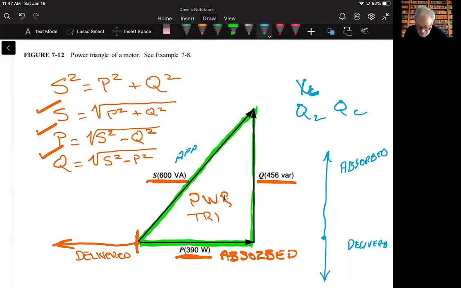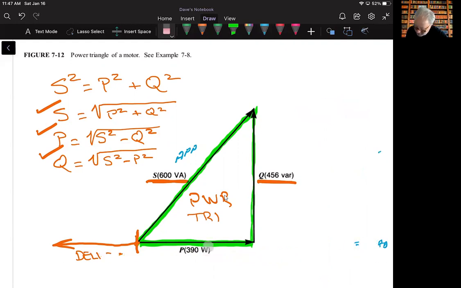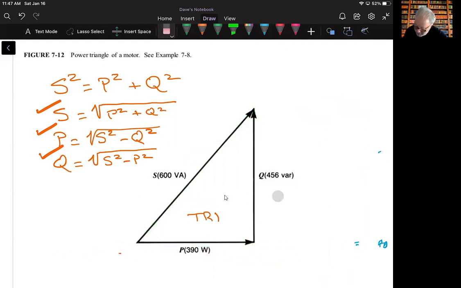This power triangle is labeled with the values we looked at in example 7.8. If you look back at example 7.8, it was a single phase motor drawing current of 5 amps from a 120 volt 60 hertz line, and the power factor of the motor is 65%.